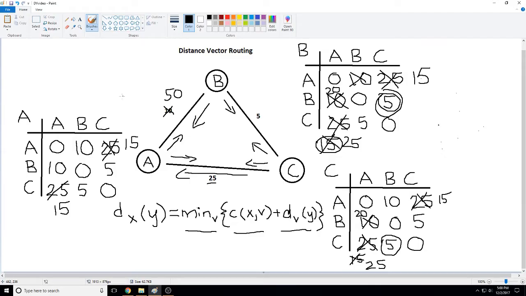The solution to this problem is called the Poisson reverse. The way the Poisson reverse works is when B has to route through C to get to A, it will send its new cost to A as infinity.